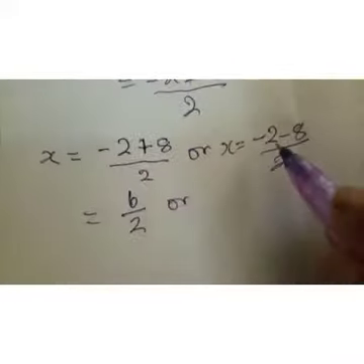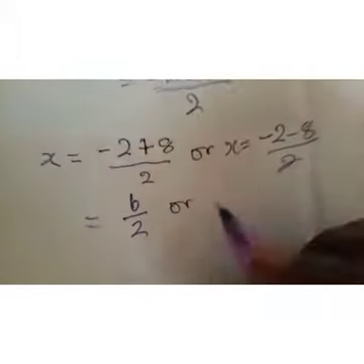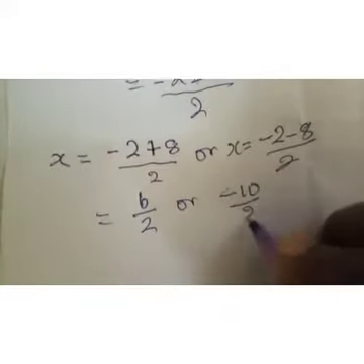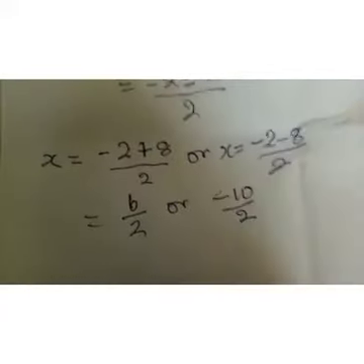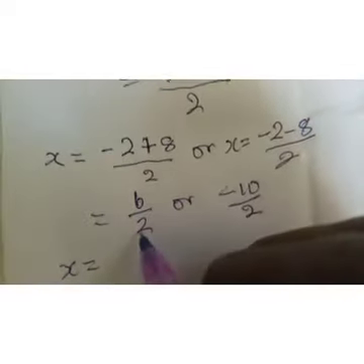Or here now we have negative 2 minus 8. It gives us negative 10 all over 2. So here our x now will be equal to 6 all over 2.